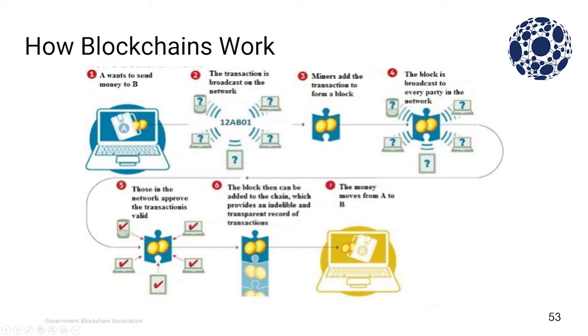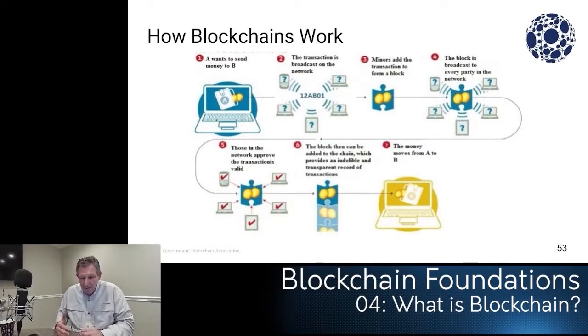In a nutshell, what the miners are going to do is take all of these pending transactions that are just floating out there and assemble them into a block, and they're going to attempt to put that block together in such a way that meets a criteria. That criteria is what you'll hear people saying, that the miners are trying to solve a puzzle or complete some complex computational algorithm, right? But we're going to explain exactly what that is in a later module.